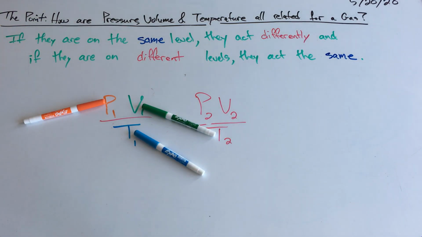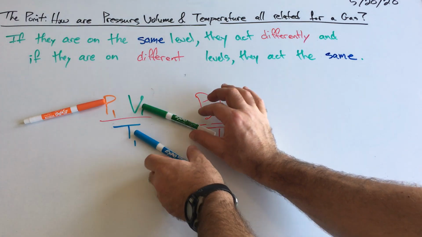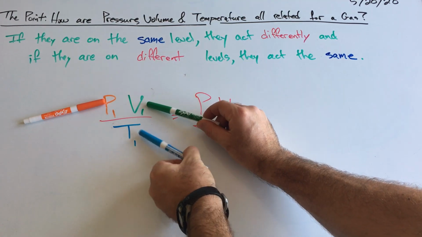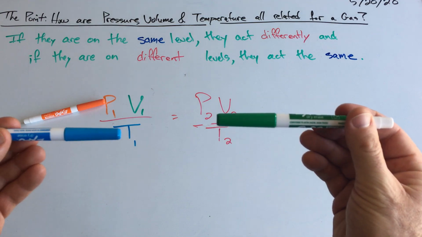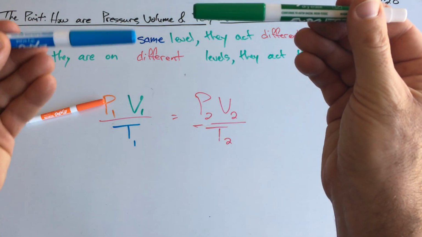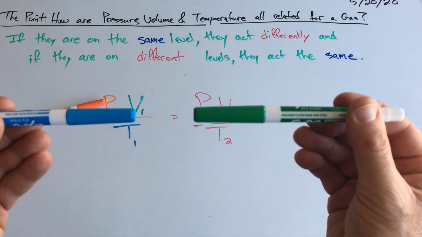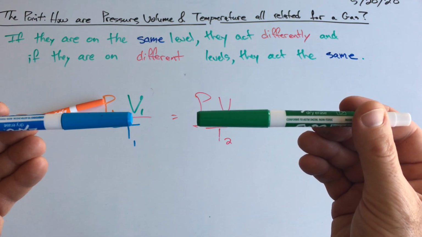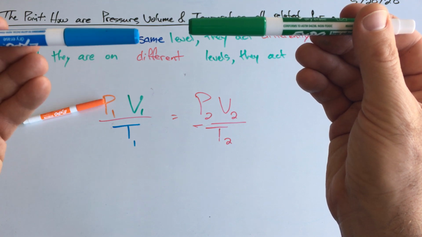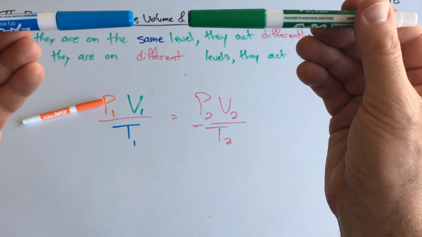And the final one is V and T. Well, these are on different levels. This is on the top, this is on the bottom. So if it's on different levels, it acts the same again. If I increase the temperature, the balloon's going to get bigger.